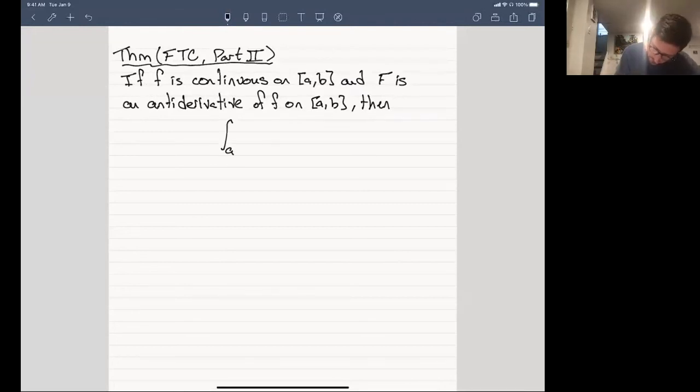the definite integral of f of x from a to b is equal to capital F evaluated at the endpoints. Think about how cool this is, right? Again, we're relating integrals to derivatives. It says that if I know the antiderivative of the function I'm interested in, then I can find out what the area under the curve is.